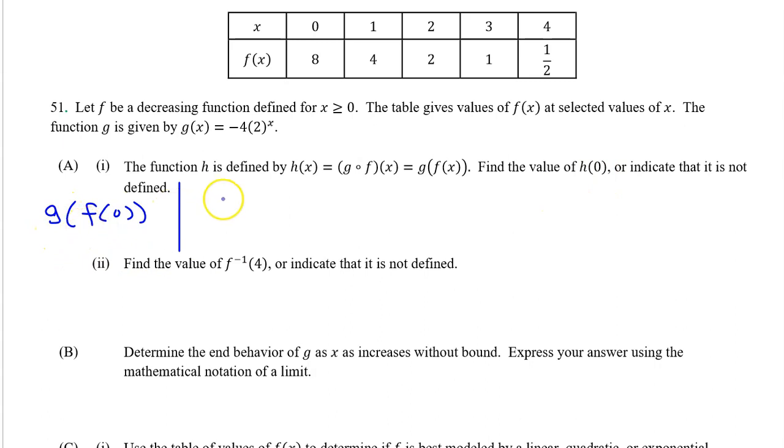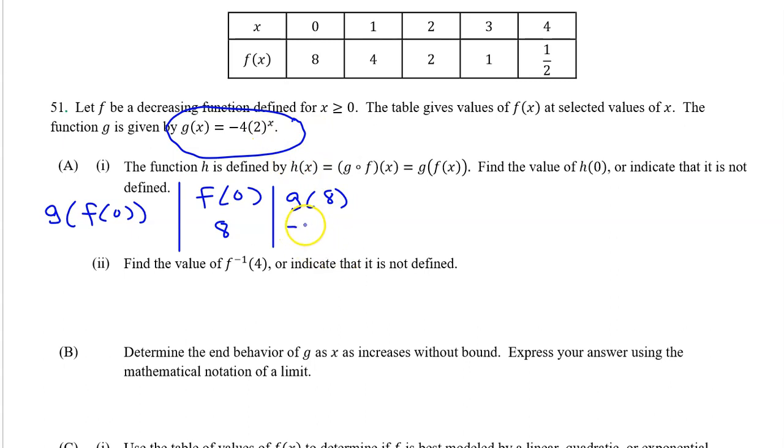Working from the inside out, we first need to find f at 0. F at 0 is 8. Moving on to the outside, we now need to find g at 8. G is defined by this function right here. So g at 8, I'm just plugging in 8 for x.